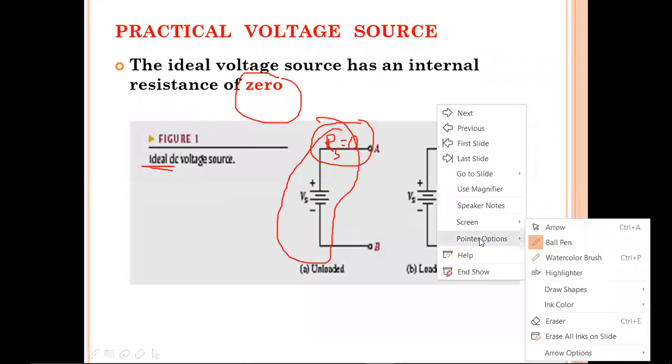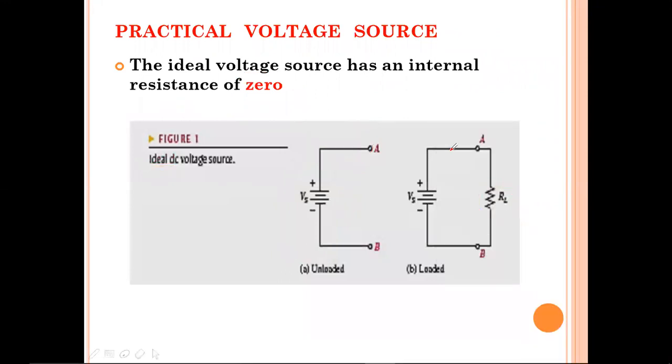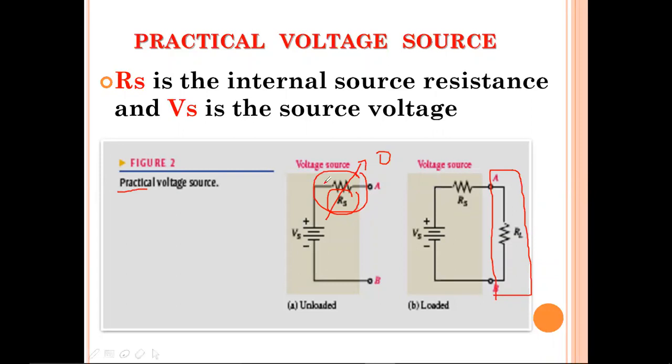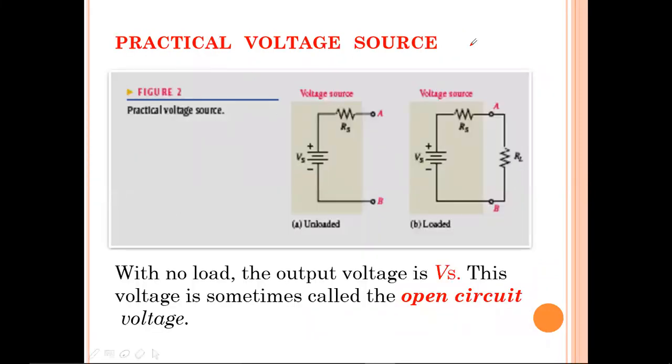Hope you are clear. Next, for a practical voltage source with no load, the output voltage is Vs. This voltage is sometimes called the open circuit voltage, as I said in our previous session.